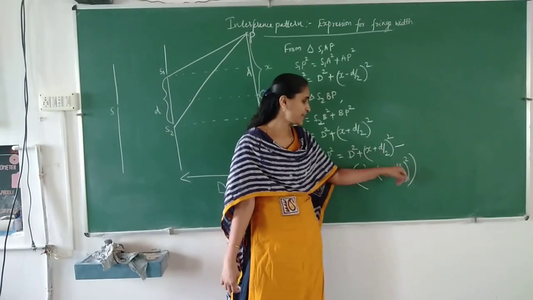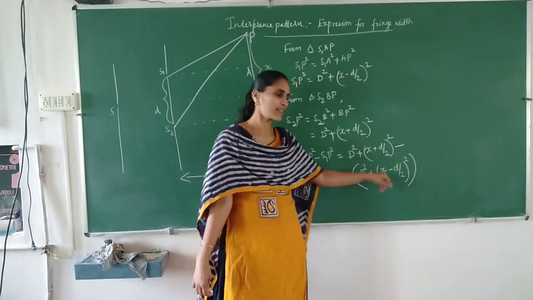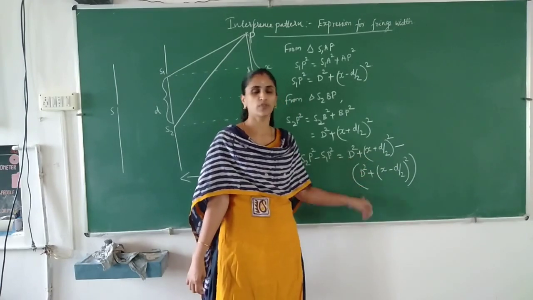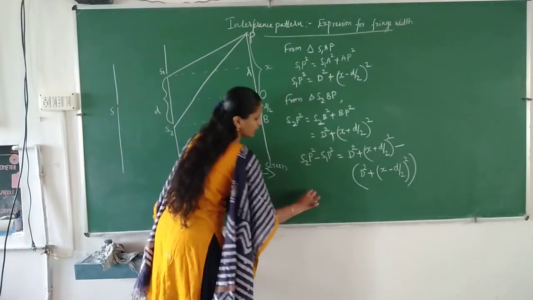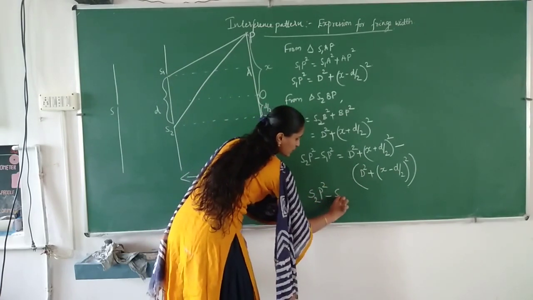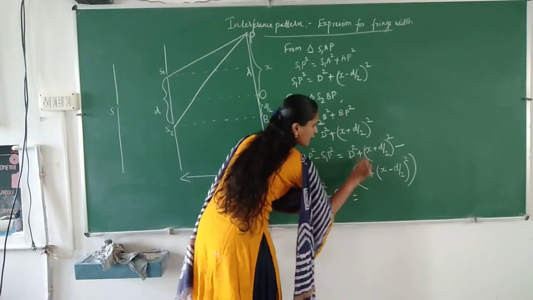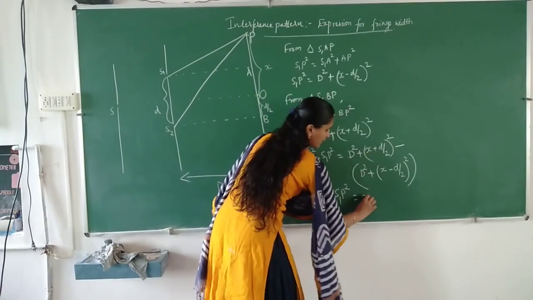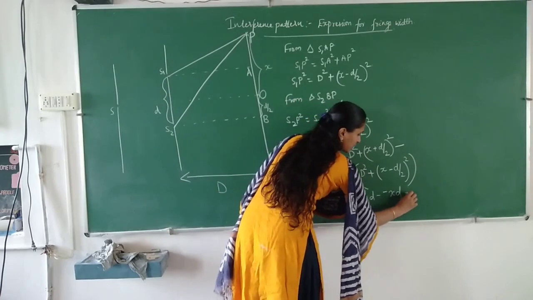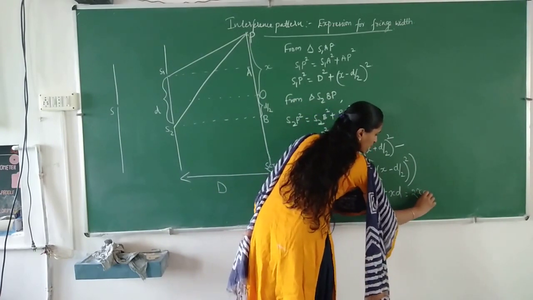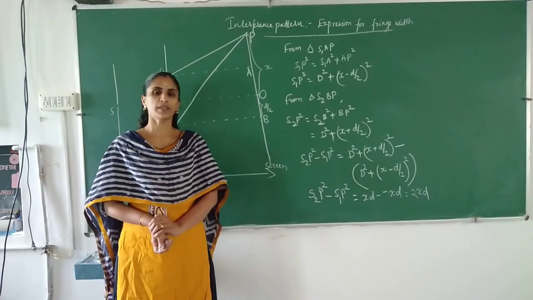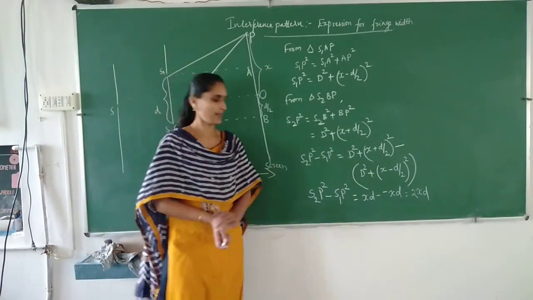So x square cancels, d square by 4 cancels, and capital D square also cancels. So you get S2P square minus S1P square equal to xd minus (minus xd), which is 2xd.